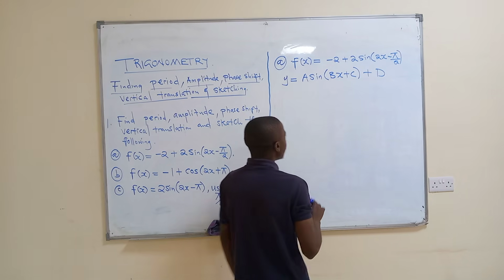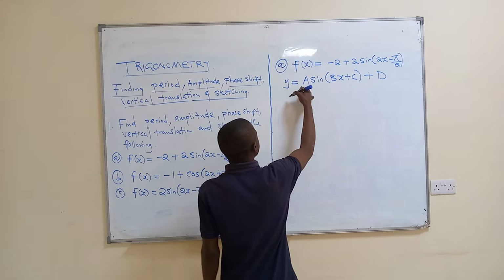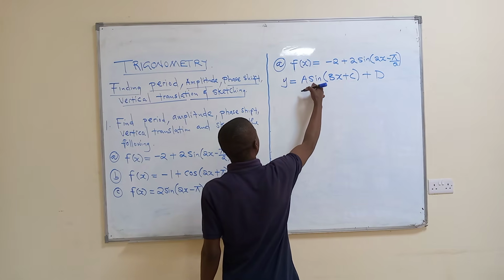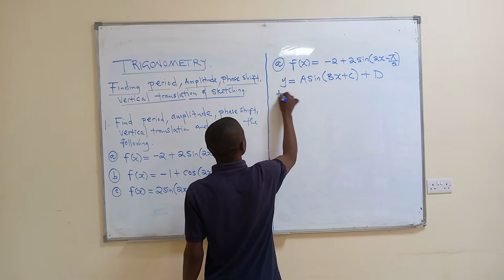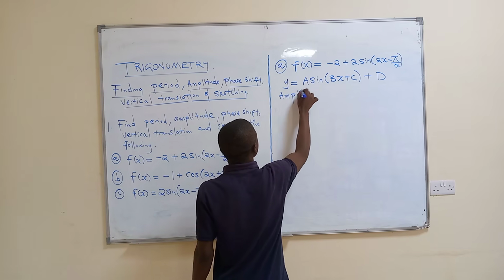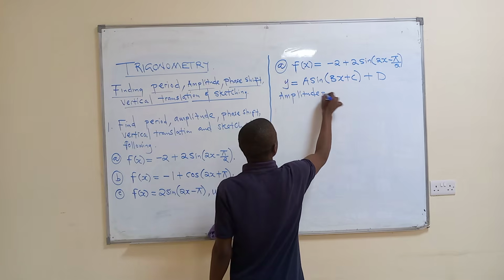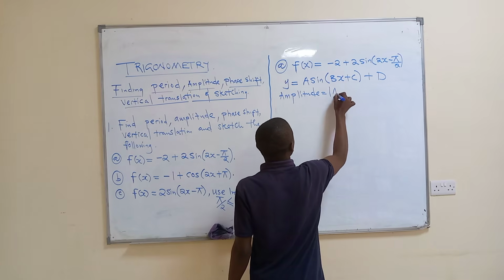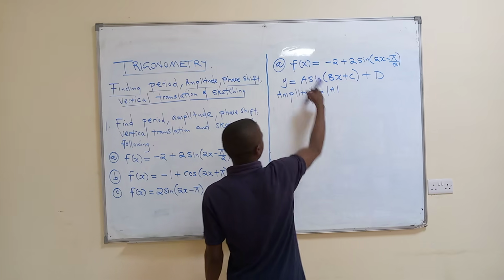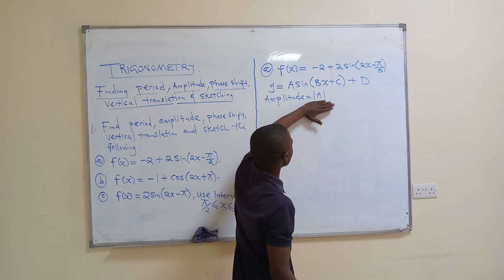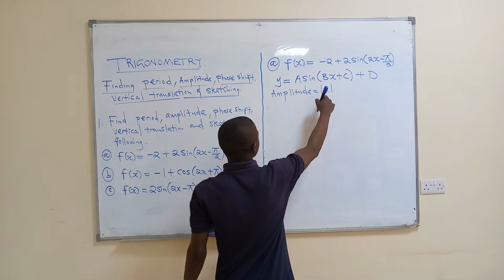From there, the amplitude is just the modulus of the coefficient of the trig ratio. The coefficient of sine is a, and the modulus of a is positive a.